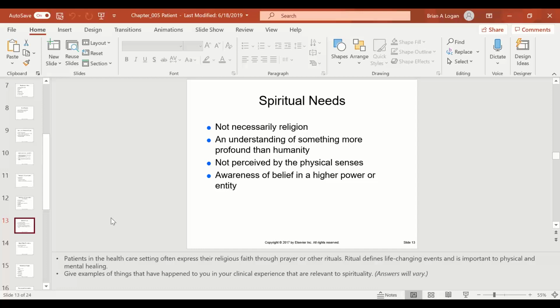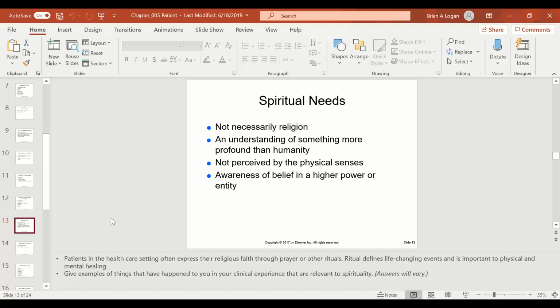Spiritual needs. These could be a request of the patient, right? It doesn't necessarily mean any particular religion. AdventHealth, I believe, is Christian, I want to say. Maybe Catholic.